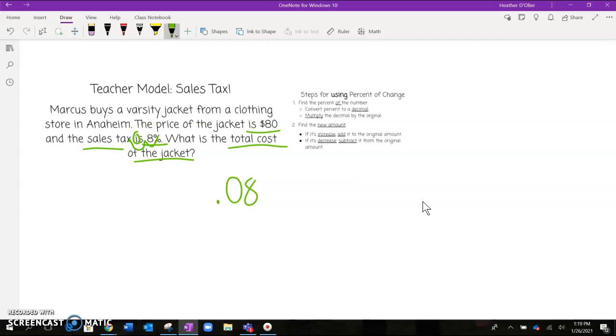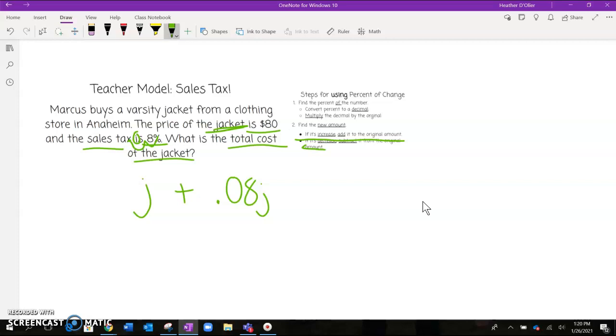So I'm going to use J to represent that jacket. We know this is an increase. It's tax, so we're not going to decrease. We're going to add the original cost of the jacket. So my expression is J plus 0.08 times J.